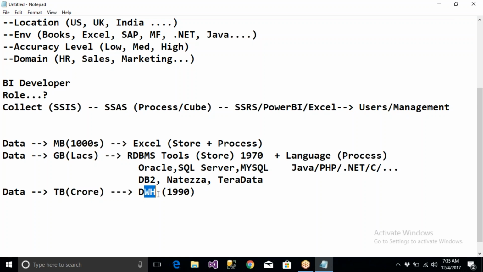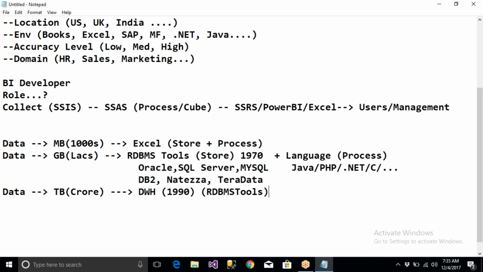Warehouse means in layman terms a godown, right? A lot of godowns. Godown means a large amount of things can be stored. Now we're talking about data, so it is called a data warehouse. So how is the data warehouse implemented? A data warehouse is also just one more RDBMS tool. Try to understand, it is not something else, and you don't have any other software for it.